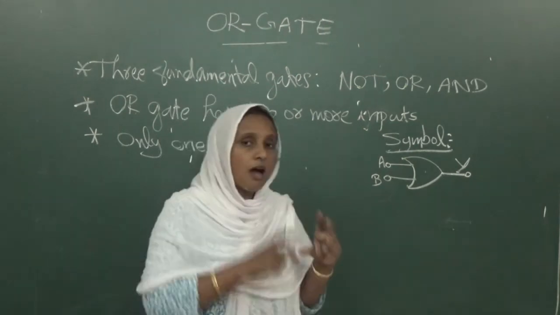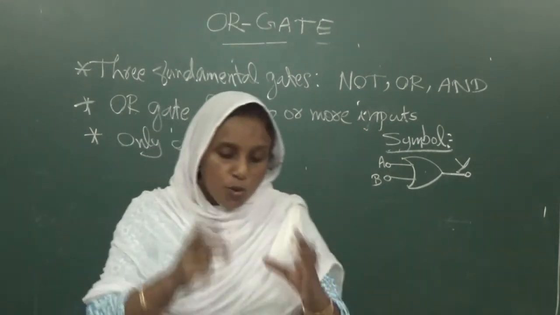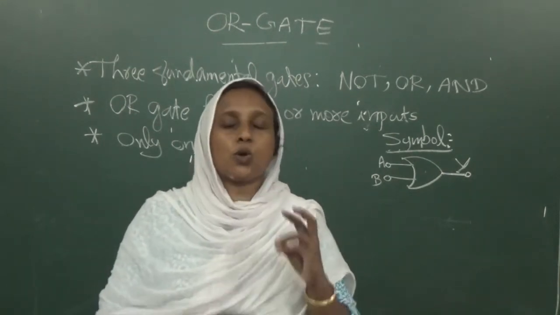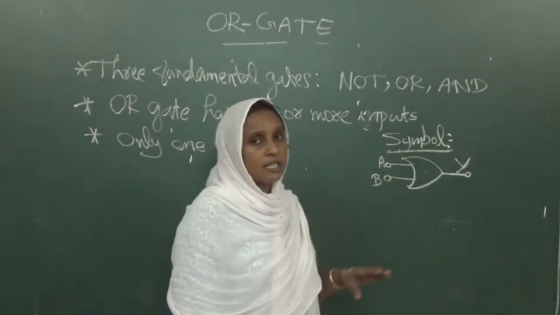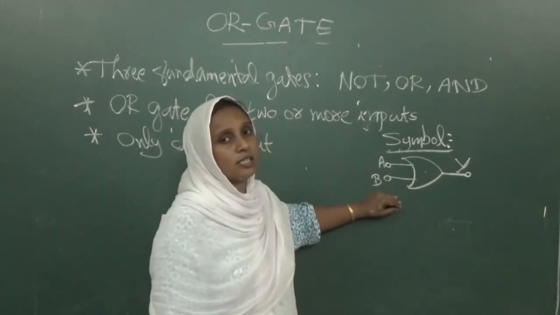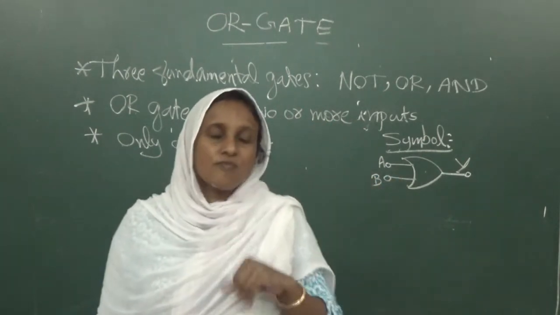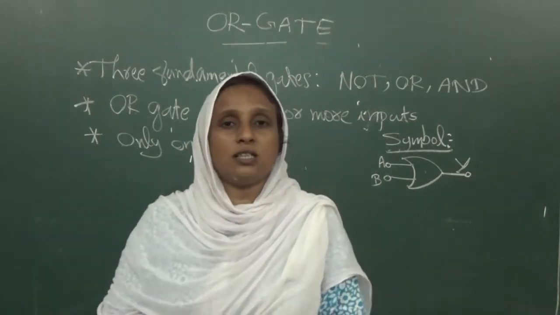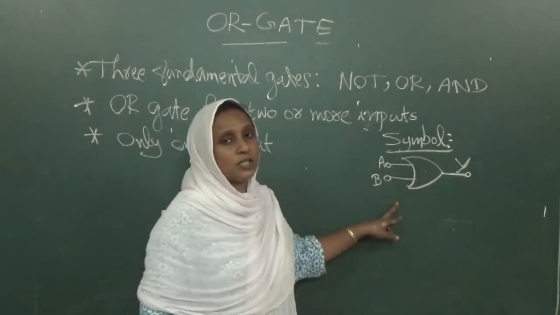So here the high input means input 1, low input means input 0. So using 0 and 1, that means the binary number system, we can write the operation of this OR gate. The table which represents the operation of the gate is called a truth table.